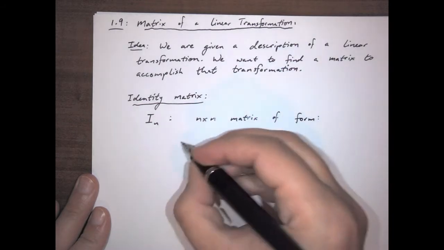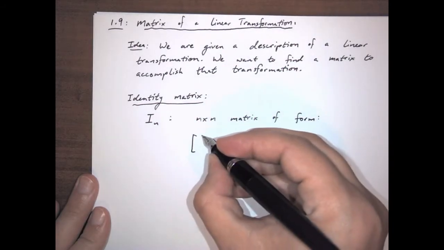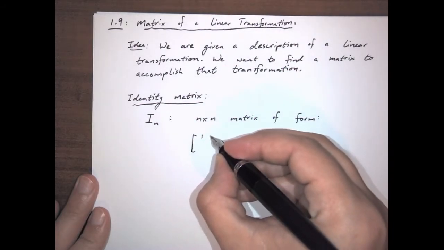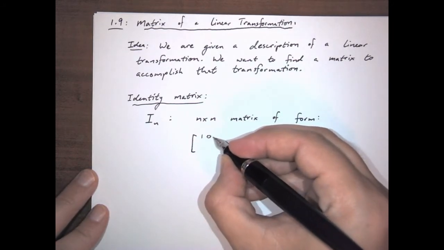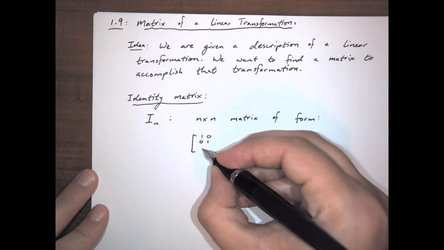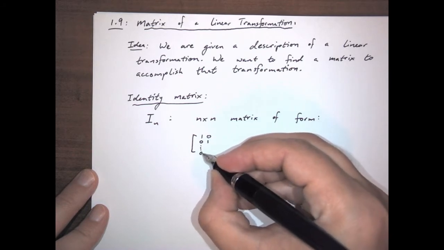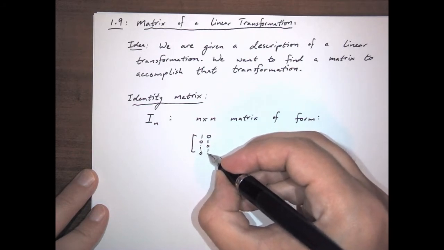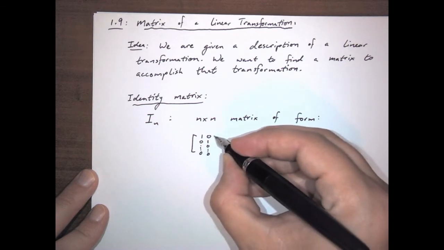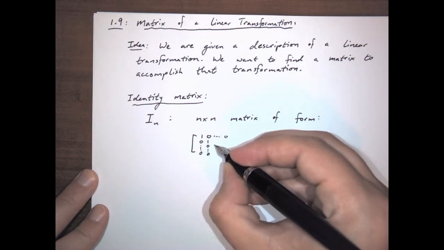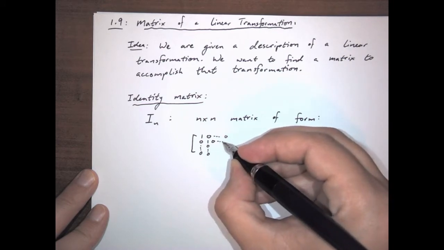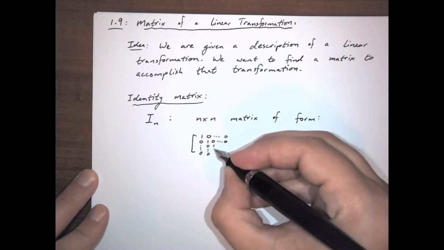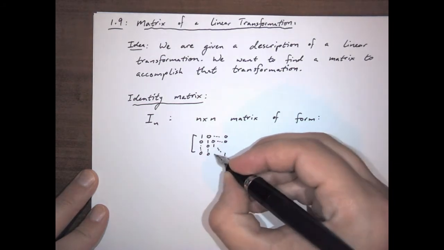we have 1, 0, 0, 1, dot dot dot, 0, dot dot dot, 0, dot dot dot, 0, dot dot dot, 0, dot dot dot, 1.